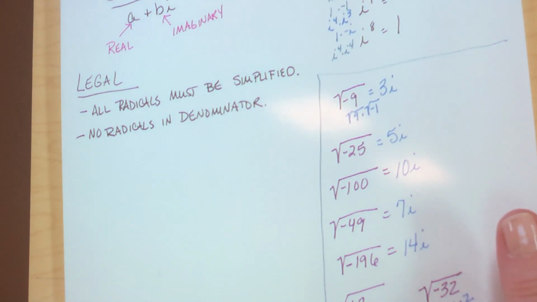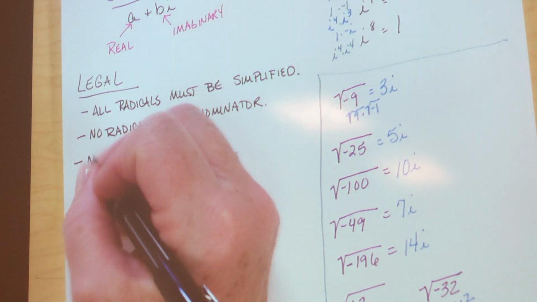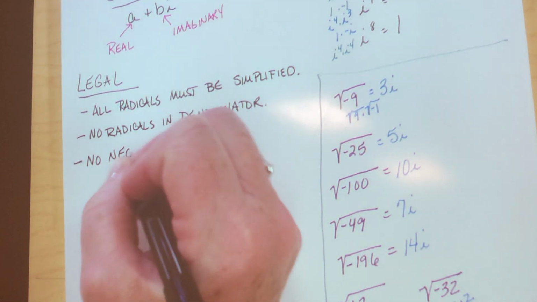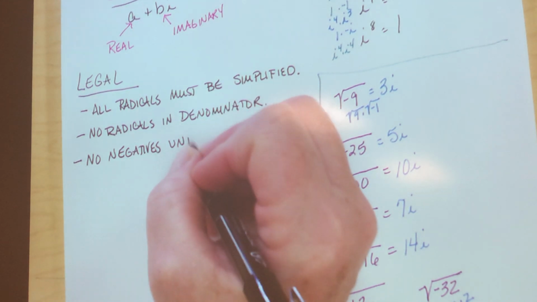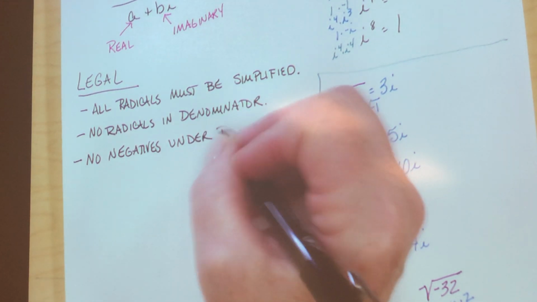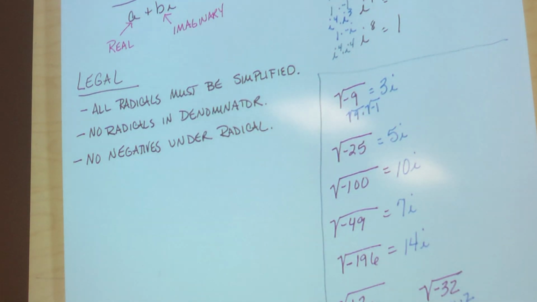If you have a radical in the denominator, you have to rationalize it. That means get rid of the radical in the denominator. Okay? Here's another one. No negatives under the radical. Wait, so you're saying we're gonna have fractions in this? No, I didn't say we wouldn't have fractions. I said you can't have a radical in the denominator.